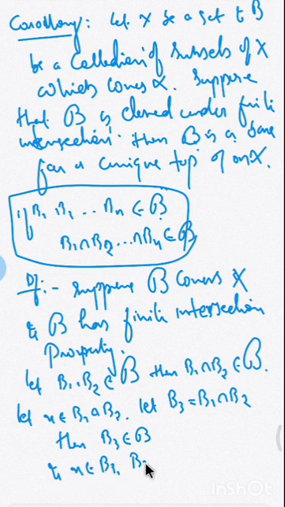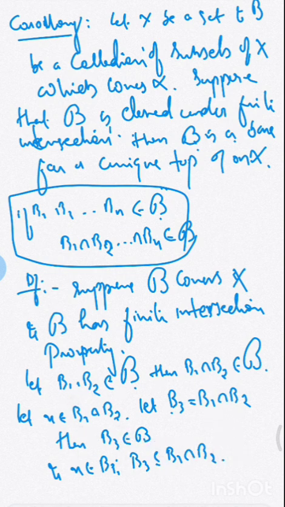B3 contained in B1 intersection B2 is true. Correct? Take two elements B1, B2 in script B and take an element X belonging to B1 intersection B2. Since B is closed under finite intersection, B1 intersection B2 belongs to B itself. So I name B1 intersection B2 as B3. Then B3 belongs to script B is true, X belongs to B3 is true, and B3 contained in B1 intersection B2 is true. So what does this say?